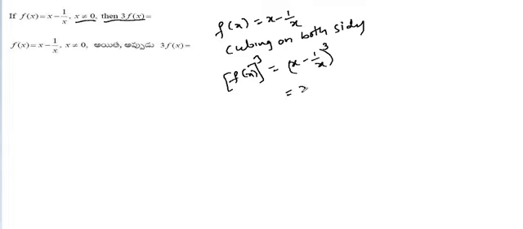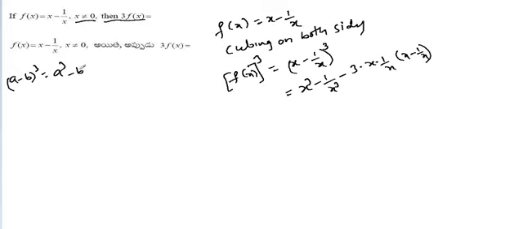That is equal to x cube minus 1 by x cube minus 3x into 1 by x into x minus 1 by x. We know the formula a minus b whole cube is equal to a cube minus b cube minus 3ab into a minus b. Here x cancels.